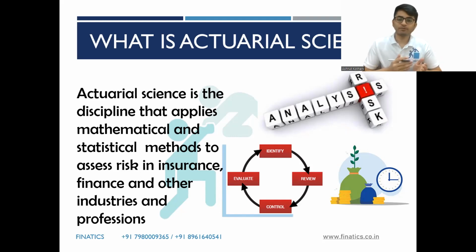Now, once you have been able to quantify that, next part is how to mitigate it. When I say mitigate, it means what are the various ways in which you can manage that risk. One possible way is you completely transfer the risk to some other entity. Insurance is basically the concept of transferring your own risk to another organization.